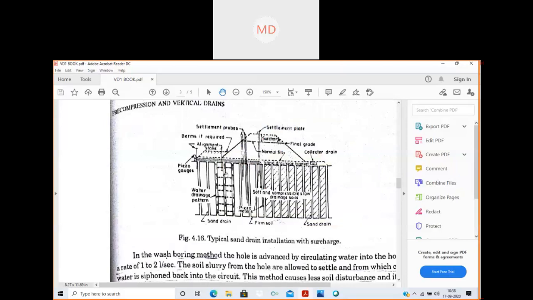The pore water will flow in this direction or that direction, from left to right or right to left. Then it will strike the vertical drains, and some portion of the water will rise up and reach the sand blanket, and because of the preload applied, the water will get squeezed out through the sand blanket.